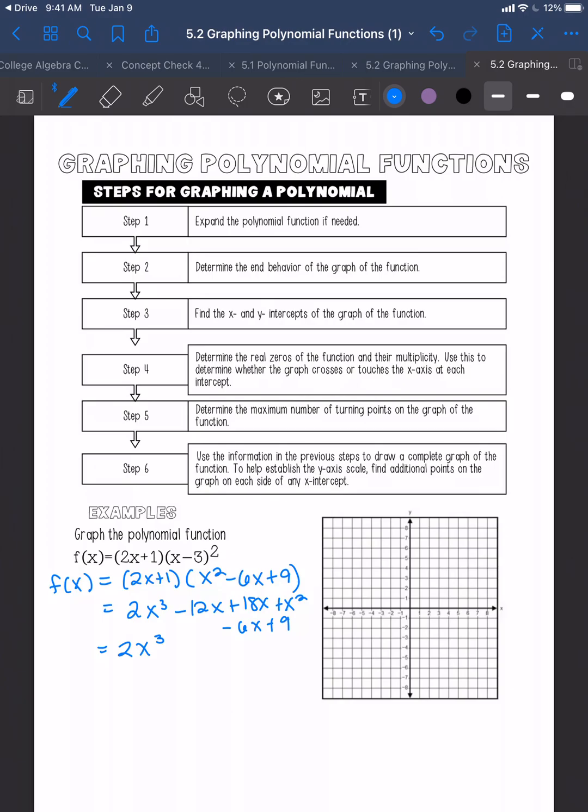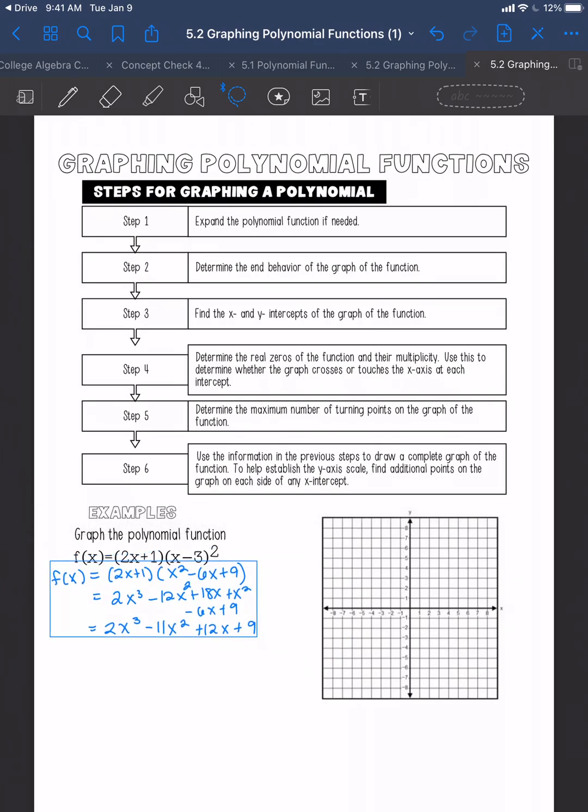So 2x cubed, that's going to be minus 11x squared plus 12x plus 9. So there is our polynomial expanded.